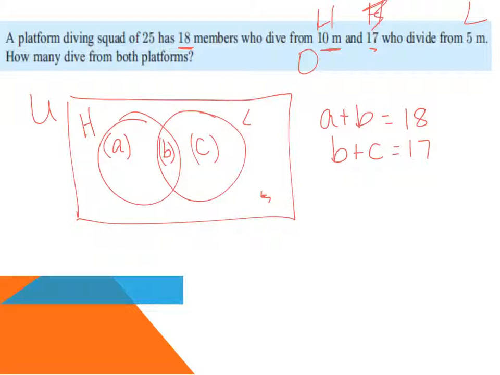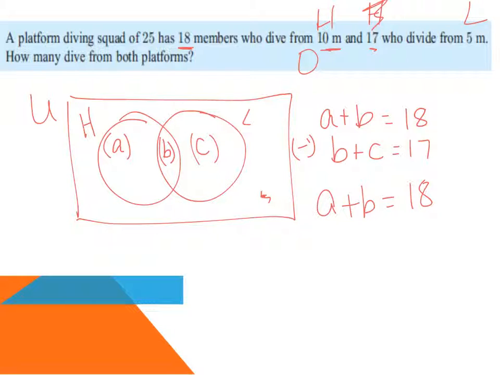So we have A plus B equals 18, and B plus C equals 17. So basically we have a system of equations that we can solve. So if I were to multiply everything through here by a -1, then my top one stays A plus B equals 18.